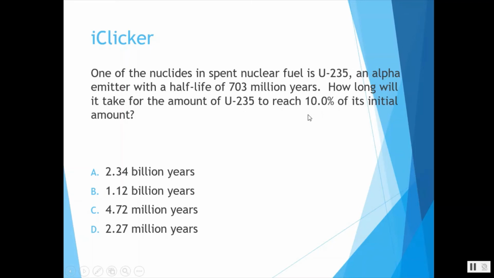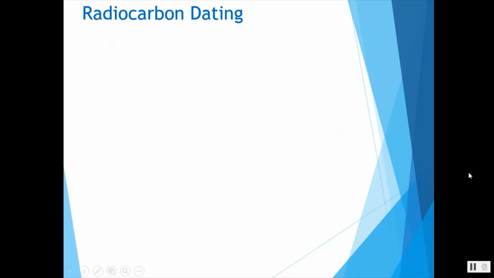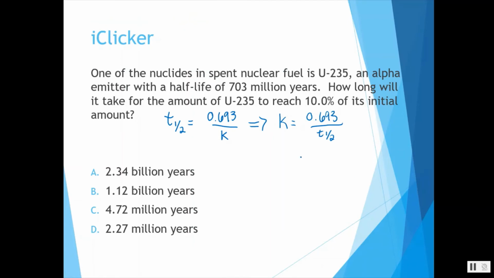So notice that in this problem, you are still going to have to calculate your rate constant from your half-life. But then once you have that k value, you're actually going to use it to find t rather than use it to find your amount remaining. In this case, you're given the amount remaining.